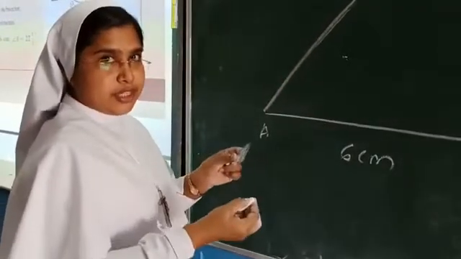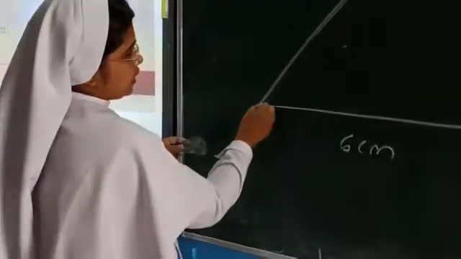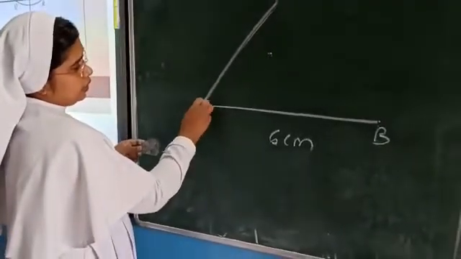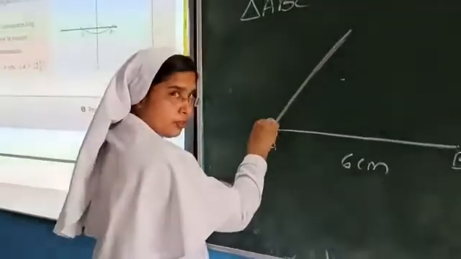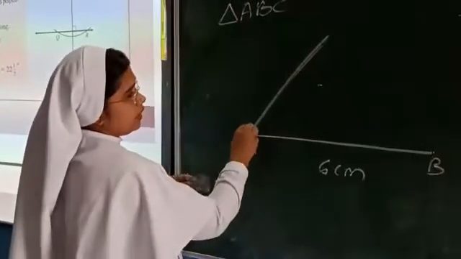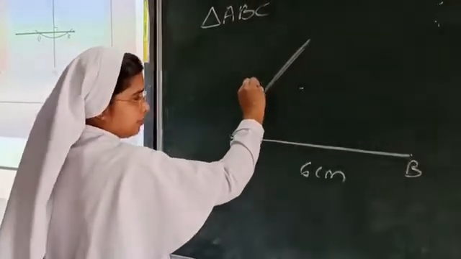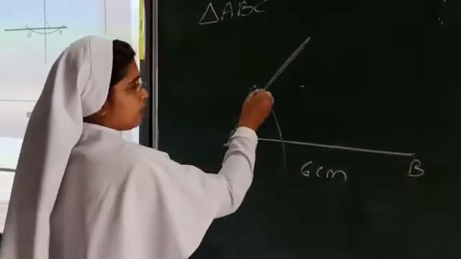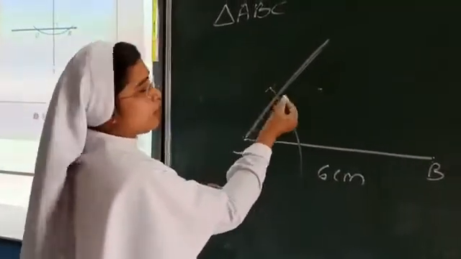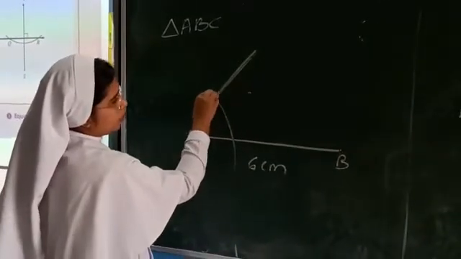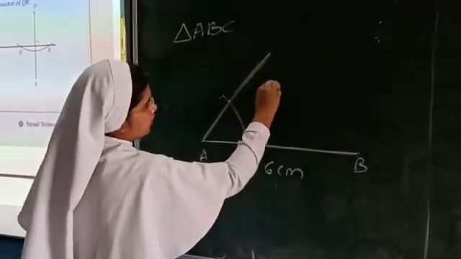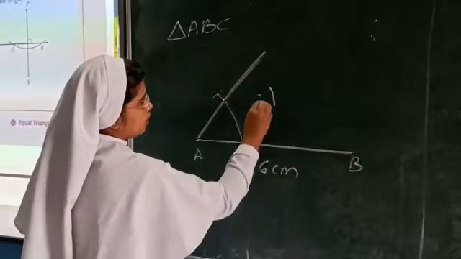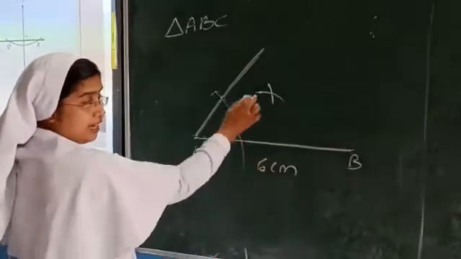Okay, now we have to get 22.5. So the same way what we have done, keeping this as a platform for the compass, keeping the compass here, draw an arc here. Okay, as we have done earlier. Now in that same measurement, keeping here as one point on the compass, draw another arc. And from here you have drawn another arc.